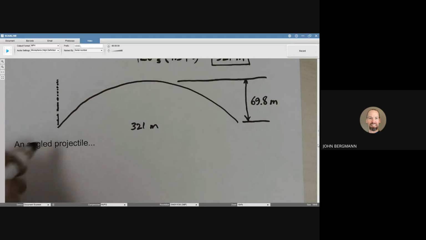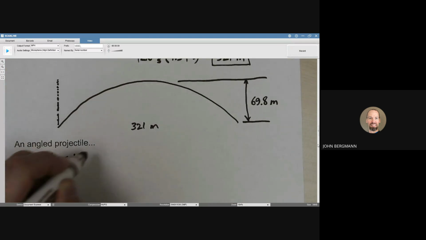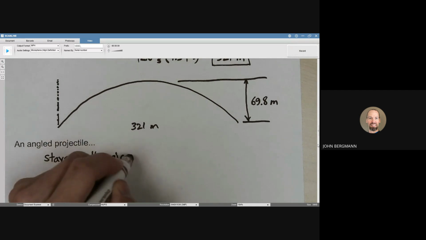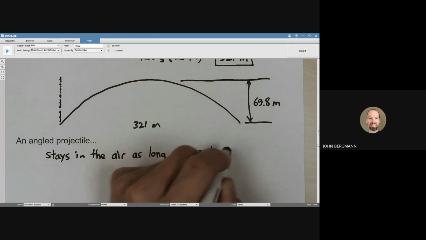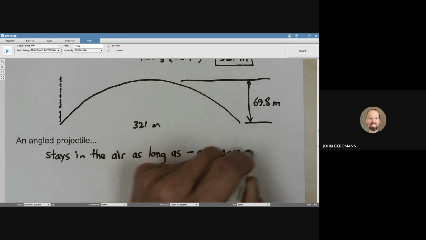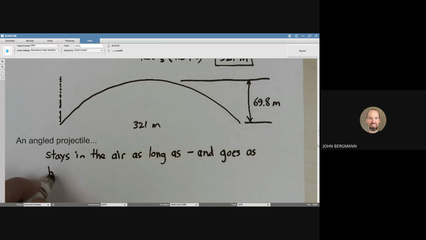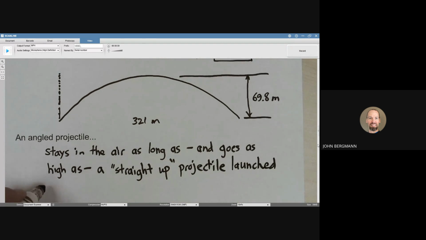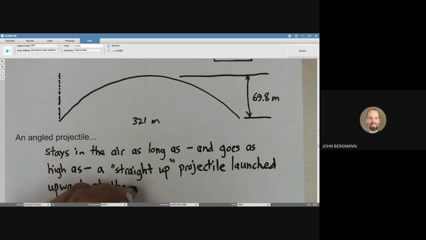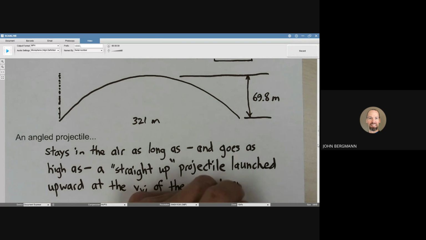An angled projectile stays in the air as long as and goes as high as a straight up projectile launched upward at the Vy initial of the angled projectile.